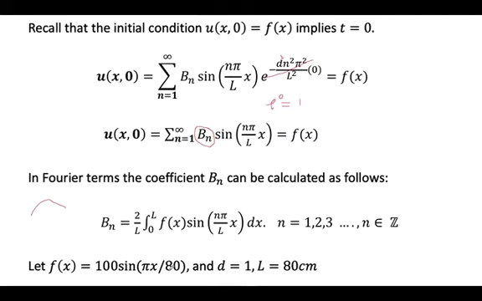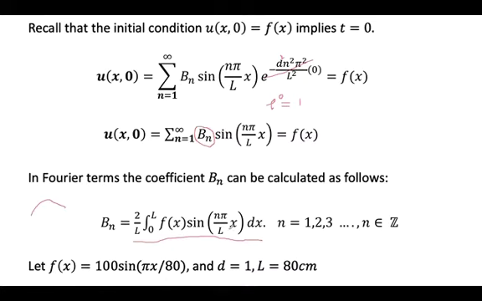And when we are going to obtain Bn, we will have to solve this expression. So we place f of x as 100 sine pi x over 80, and we solve, we get the values B1, B2, and so on. But what we do, we are comparing the coefficients.